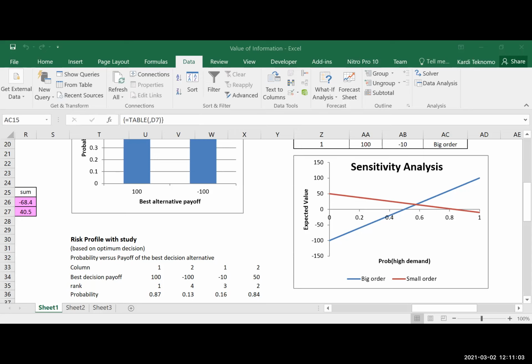Here, the input is only probability, so I change that probability. In your case, I don't know what input variables you will put. For example, the number of buses or the number of demand.